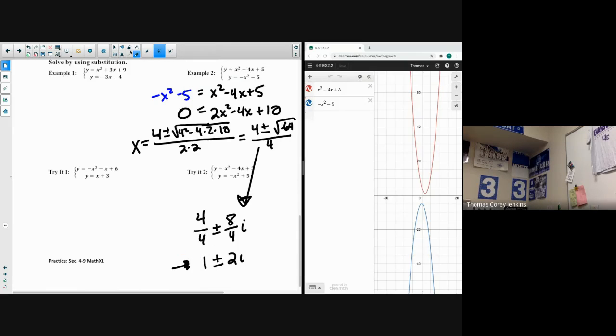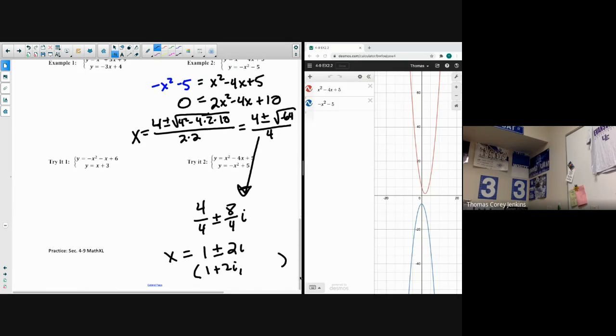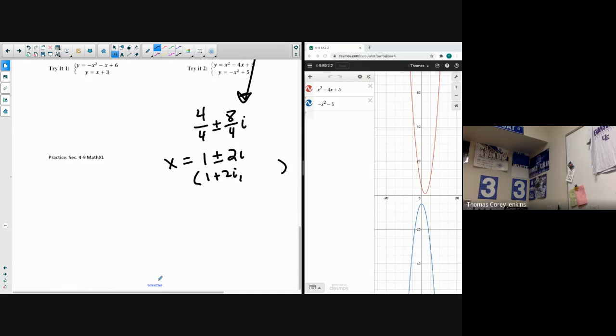Okay, and like I said, this next part won't be on a test, but it's good review of 4-8 anyway, so I'll go ahead and show the rest of it. All right, so now if we wanted to get the y coordinates, at this point we would know that my answers are going to be 1 plus 2i, comma, something, and 1 minus 2i, comma, something else.